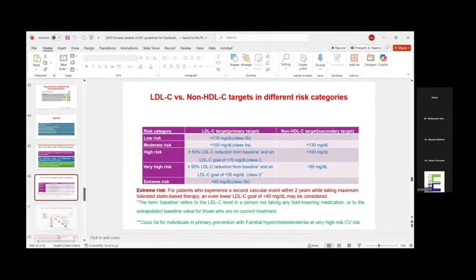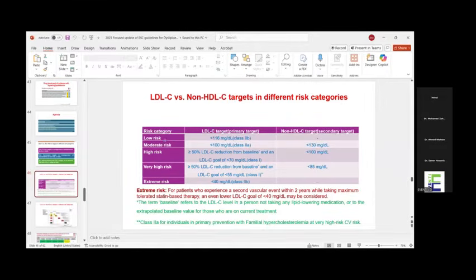The target LDL in low risk category is less than 116 milligram per deciliter, moderate risk less than 100, high risk 50% reduction from the baseline, then achieve an absolute value below 70, very high risk 50% reduction from the baseline, then achieving an absolute target less than 55, and the new category extreme risk, the target LDL is below 40 milligram.